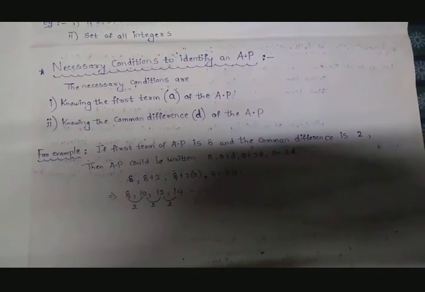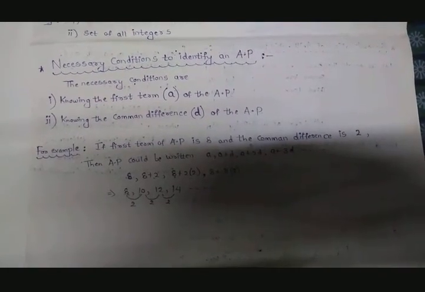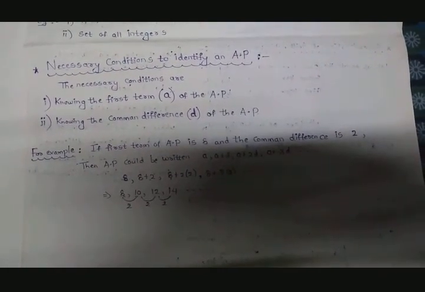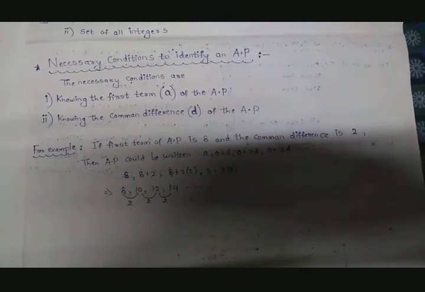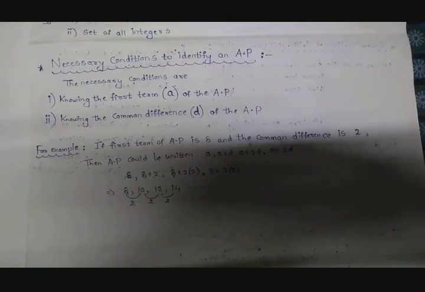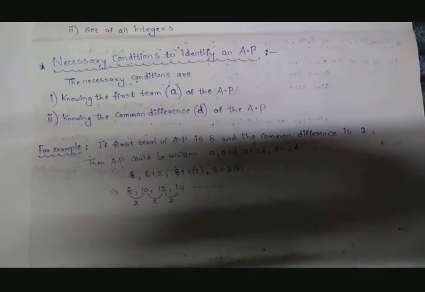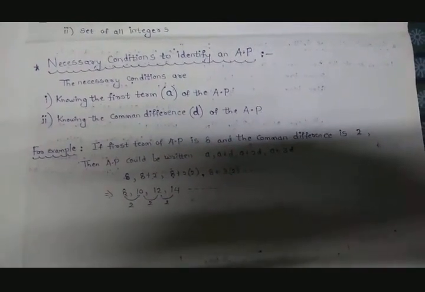Knowing these two terms will help us identify whether the given series is an arithmetic progression or not. So with the help of these two conditions, we will be identifying the arithmetic progression.